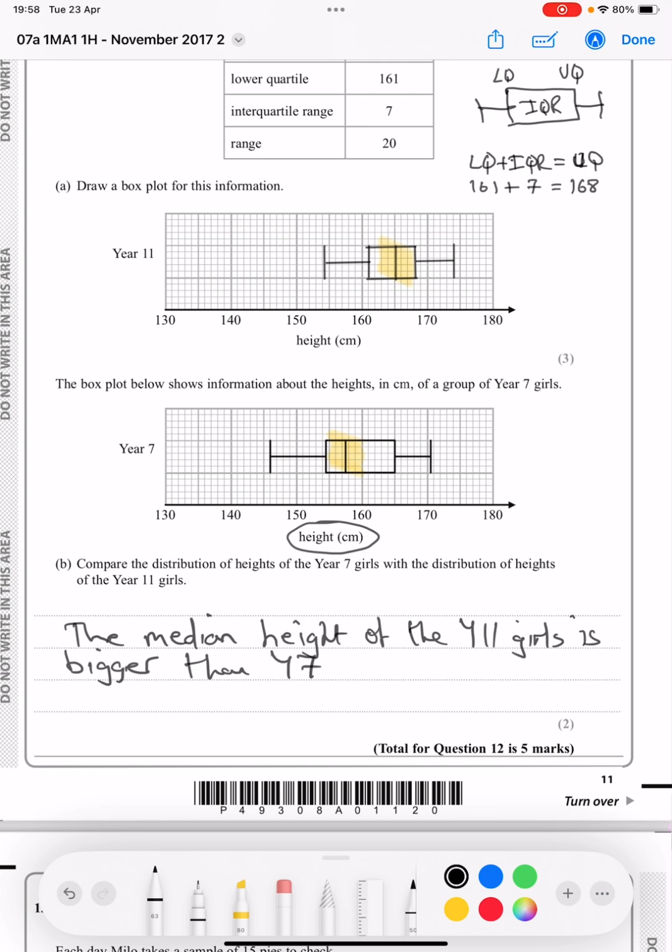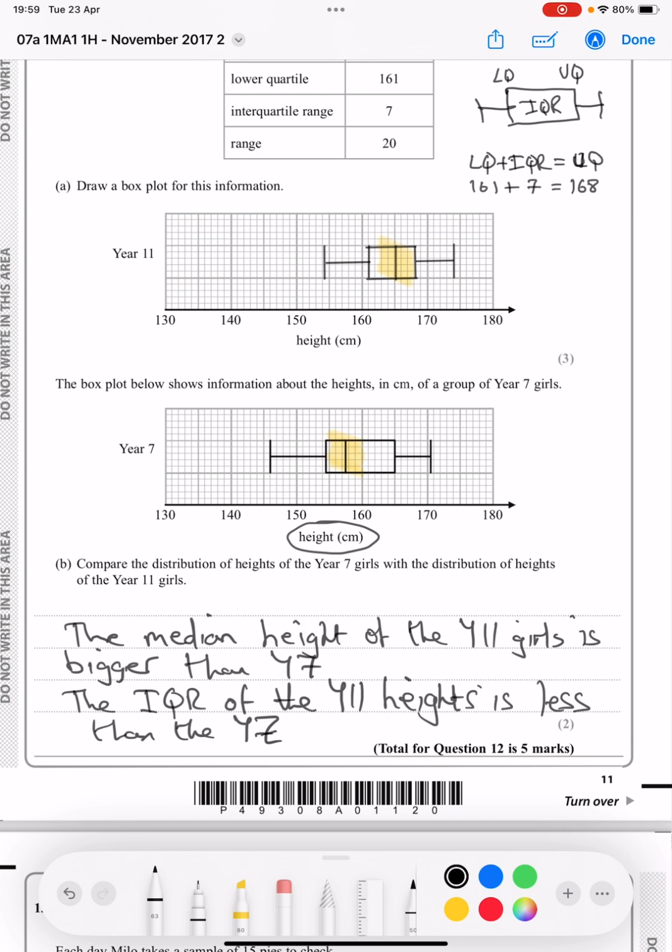And then I'm going to compare the size of the box, the interquartile range of the year 11 heights, so I've used the heights again, is less or smaller than the year 7.